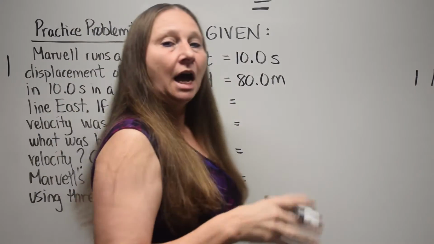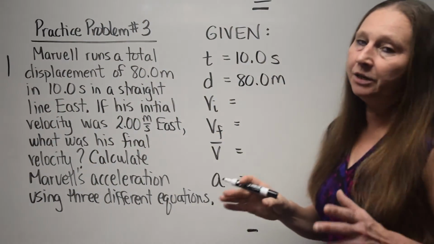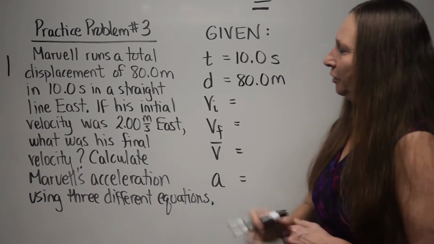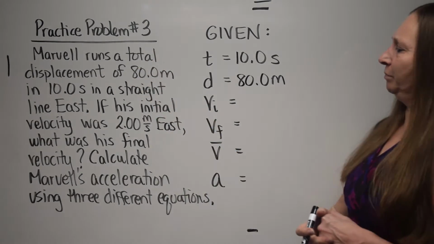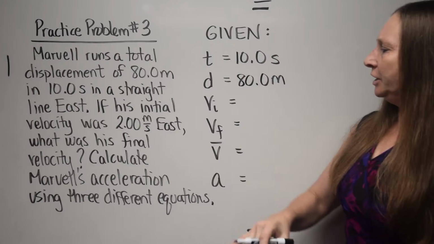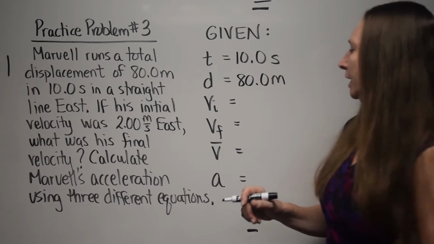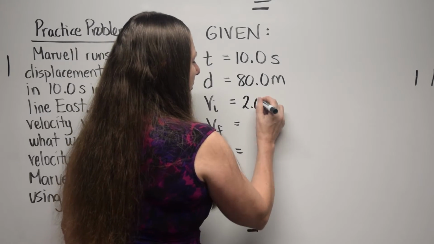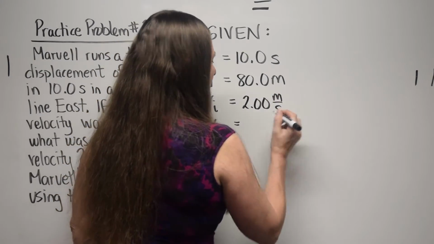And notice, I am not reading the entire problem and then starting. As soon as I get to a number, I get started. Or maybe I read 2 numbers. I cheated a little bit, but okay. If his initial velocity was 2 meters per second east, so V initial here is 2 meters per second.